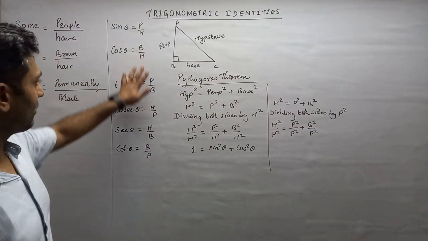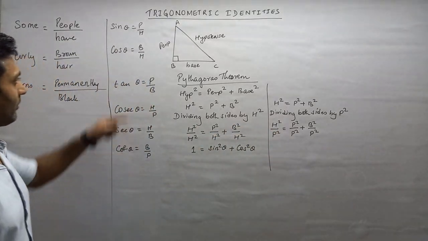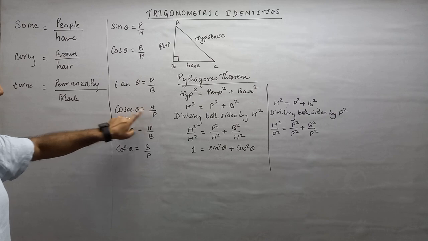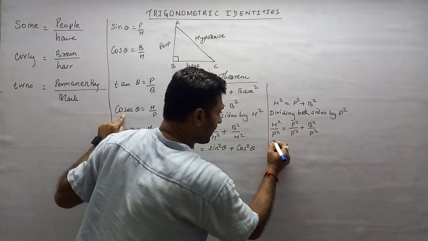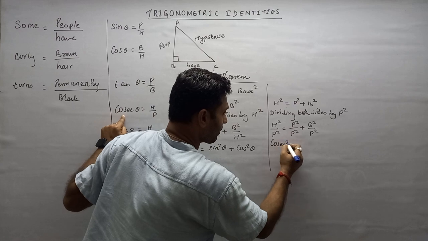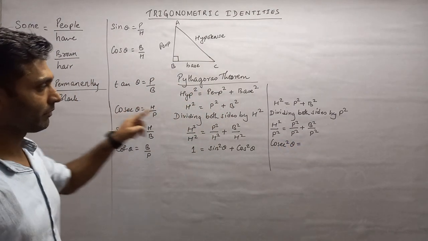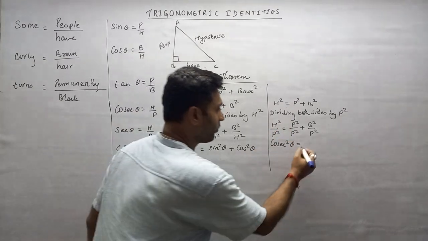So let's find it out here. What is h upon p? You can see h upon p, that is cosec theta. So instead of this we can write cosec square theta is equal to p upon p, you will get 1.